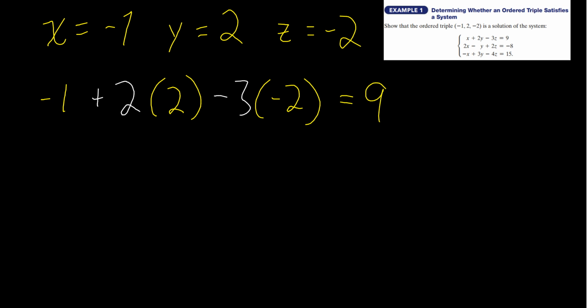Sorry. All I did was look at this equation and substitute -1 for x, 2 for y, and -2 for z. Let's do the arithmetic: -1 plus 4 plus 6 is equal to 9. That is indeed a true statement, because 4 plus 6 is 10, minus 1 is 9. So that is true.